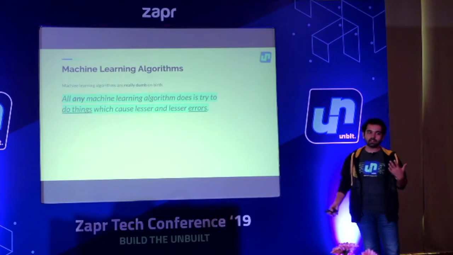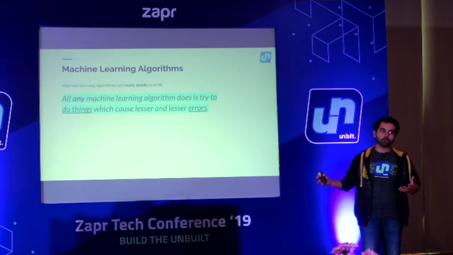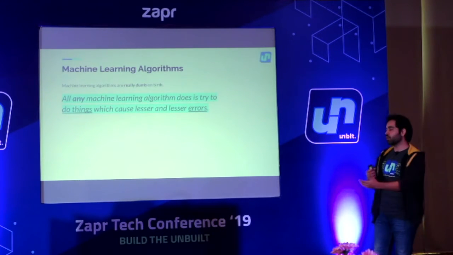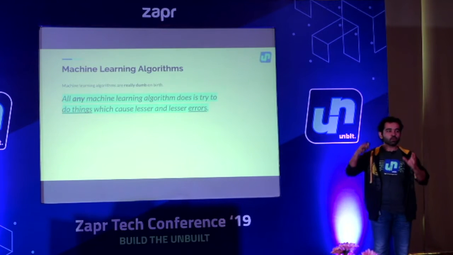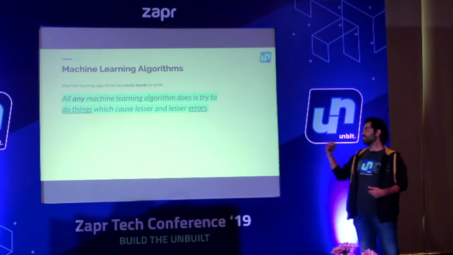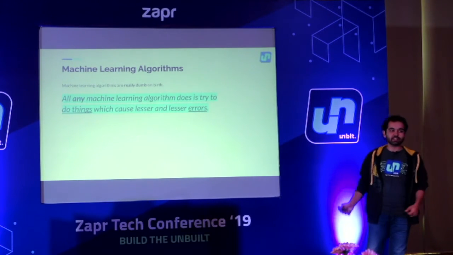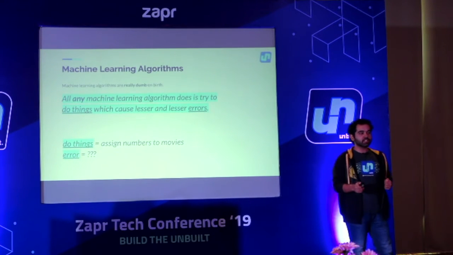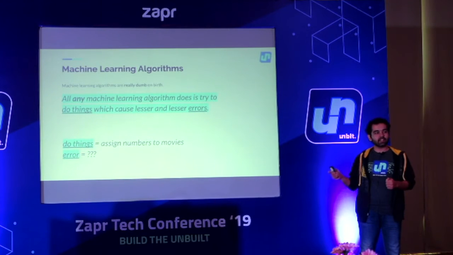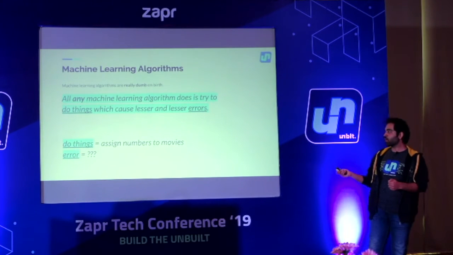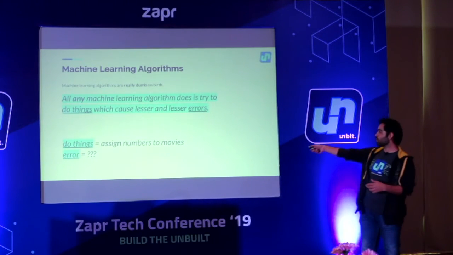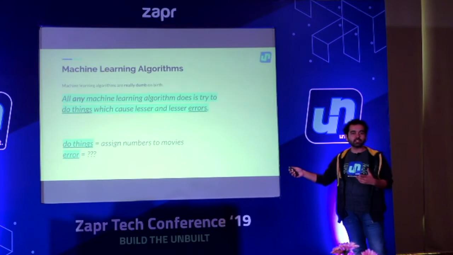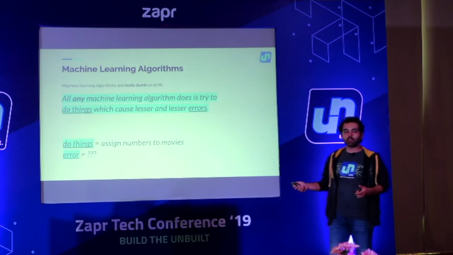You pick up any algorithm, neural network, support vector machines, backpropagation, anything that you want to pick up, it's ultimately going to do some things repeatedly and then cause lesser and lesser errors. So what is the doing things part here? Doing things part is assigning numbers. And the error part we have to figure out, because we want to assign numbers to each of the movies, but how do we figure out the error part?